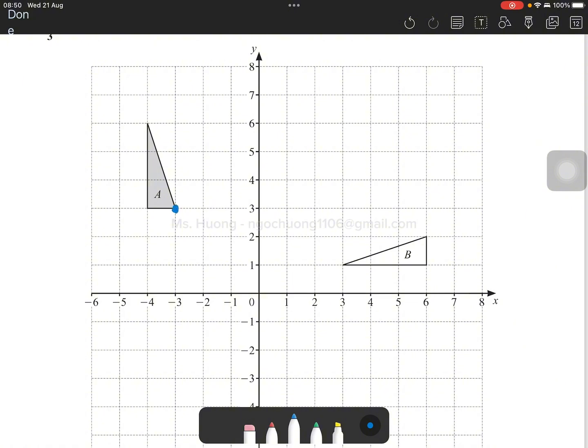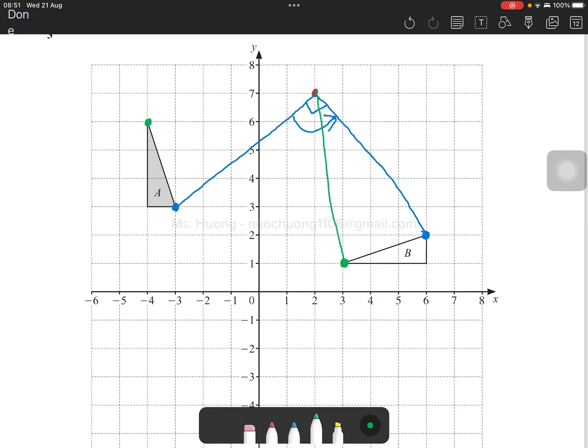For example, let's plot these two corresponding points. So the center is somewhere at 2, 7, because the two blue lines make a right angle in the anti-clockwise direction. You can also check the other 2 points, for example, these 2 green points. They also make a right angle in the anti-clockwise direction.